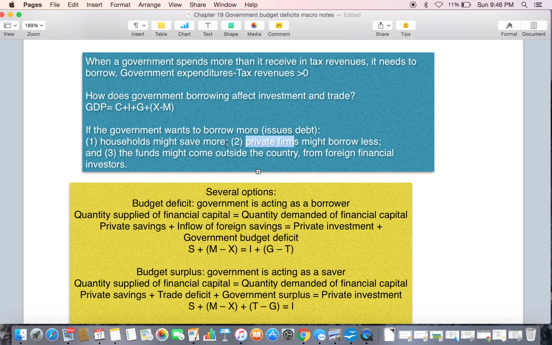So when the government issues debt, and they're issuing debt in the form of bonds, U.S. Treasury bonds, they need to be purchased by somebody, and they're either going to be purchased by U.S. households who want to save more, U.S. households who are shifting their purchases from the purchases of corporate bonds to U.S. Treasury bonds, or from foreigners.